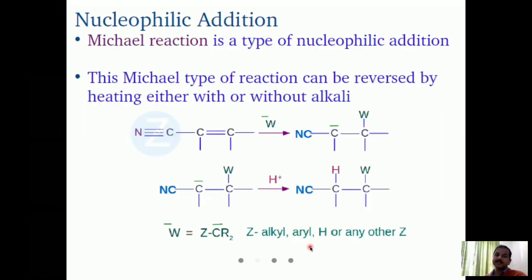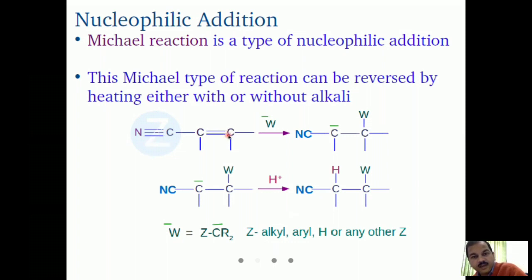Michael reaction is a type of nucleophilic addition reaction. In this reaction, we can see this is the electron withdrawing group, the cyano group. In the previous discussion we called it the Z group, and this is the double bond.